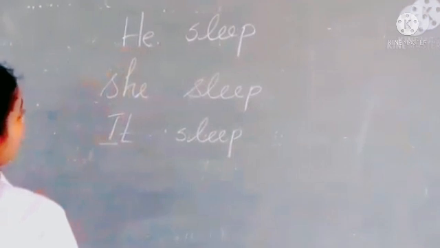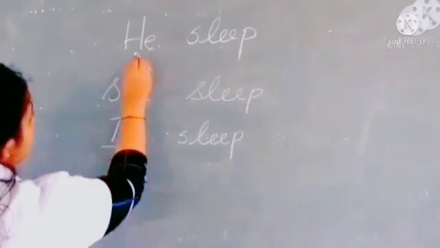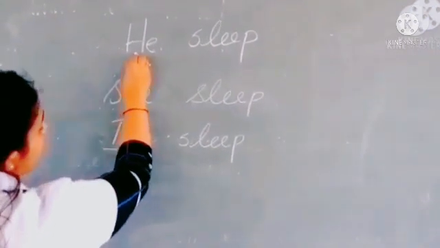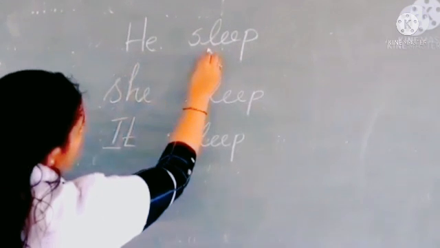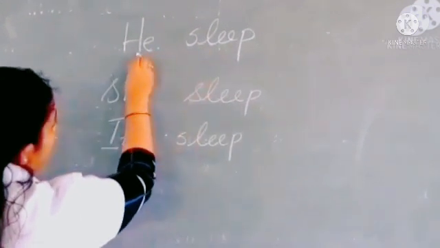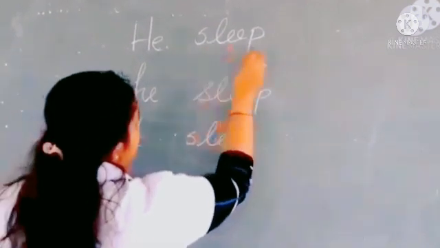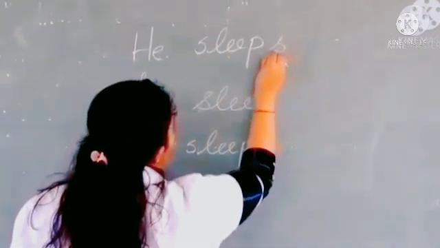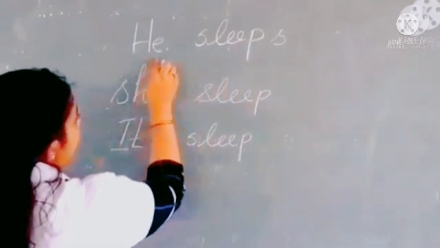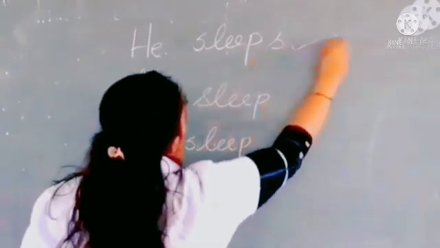So children, we need to add s or es with the verb when we are using the verb with a singular pronoun. He is singular or plural? This is a singular pronoun. Here they are given the word sleep. So with a singular pronoun, how we use the verb? We need to add s. So that is he sleeps. This is right.